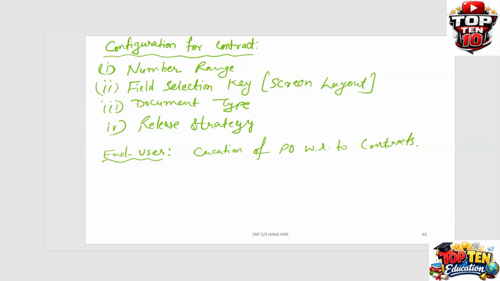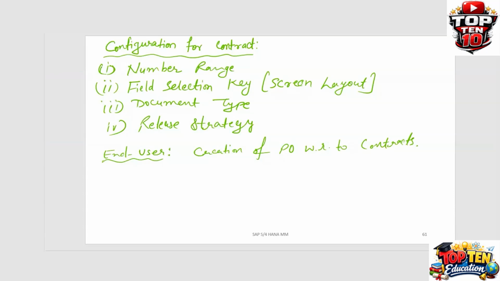Okay, come back to the enter. Save. Document is still faulty because we maintained the source list later on, then creating this purchase order. So again, ME21N.